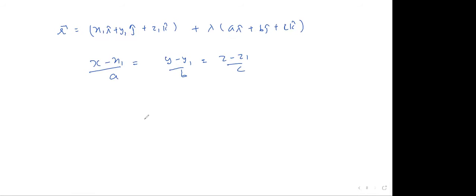So this is how we convert vector into Cartesian and Cartesian into vector form. Now the last thing that we are going to discuss is the shortest distance between two lines. The most important thing.